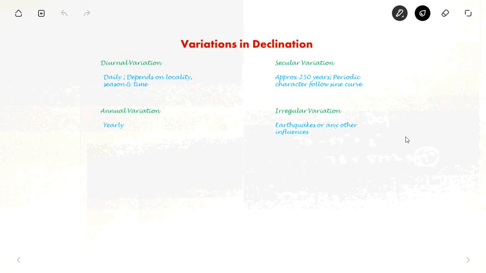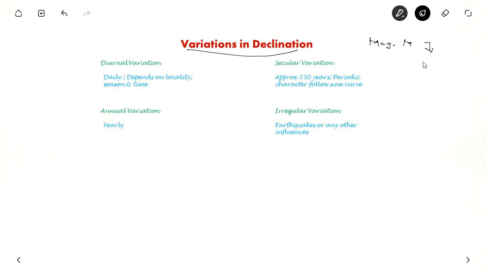Now let us move to the next topic, which is variations in declination. We know that magnetic meridian is not fixed, it changes with time. So what are the different variations possible? So diurnal variation, secular variation, annual variation and irregular variation.